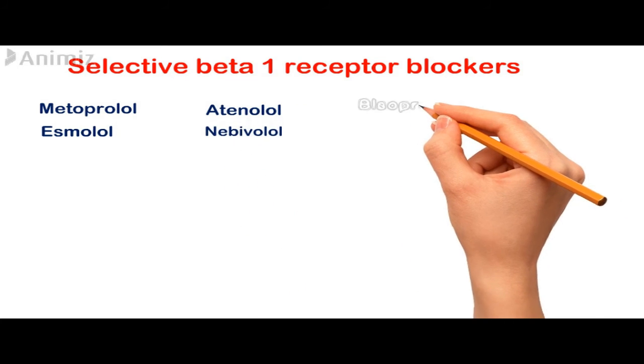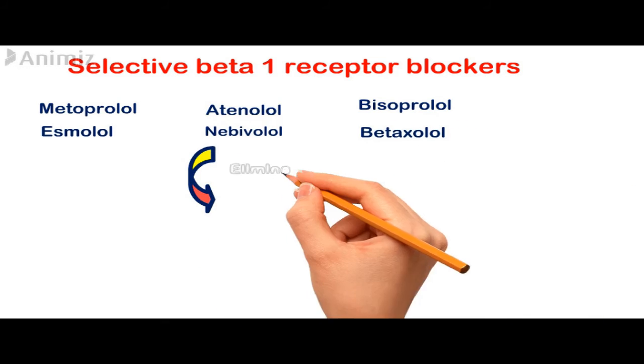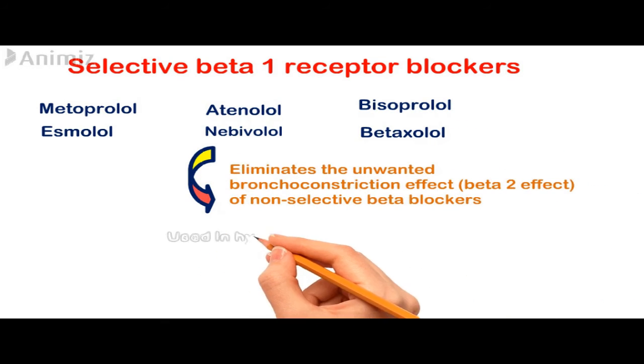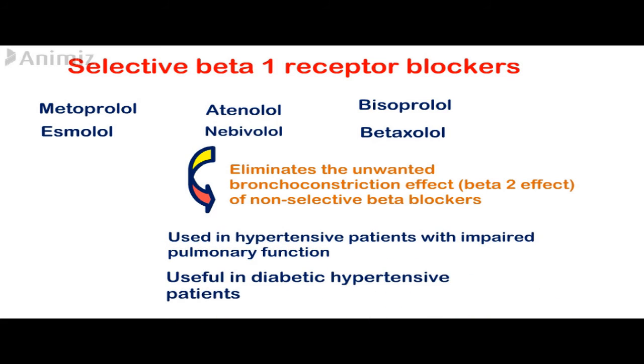These drugs don't have the bronchoconstriction effect of the non-selective beta blockers because they only block beta-1 receptors, which are mainly found on the heart. And they are mainly used to treat hypertensive patients, especially the ones who have impaired pulmonary function and also those who have diabetes.